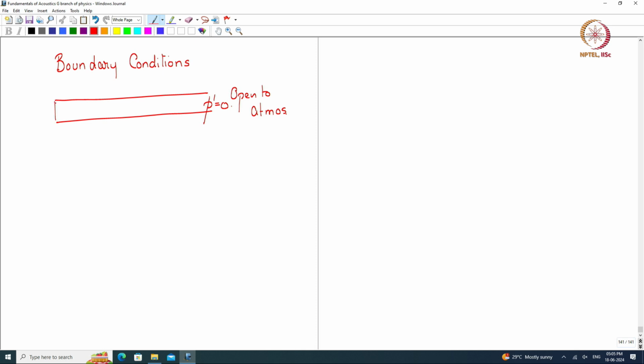Let us say this is driven by a piston oscillating back and forth with a velocity u0 e to the power j omega t. Okay. So this is called the pressure release.